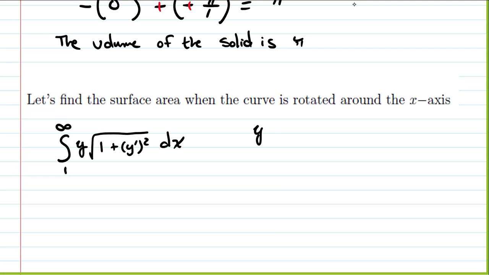So let's calculate our pieces. So y is 1 over x, which is x to the negative 1. So our derivative is still negative 1 over, skipping a step there, is still negative x to the negative 2, which is negative 1 over x squared, right?